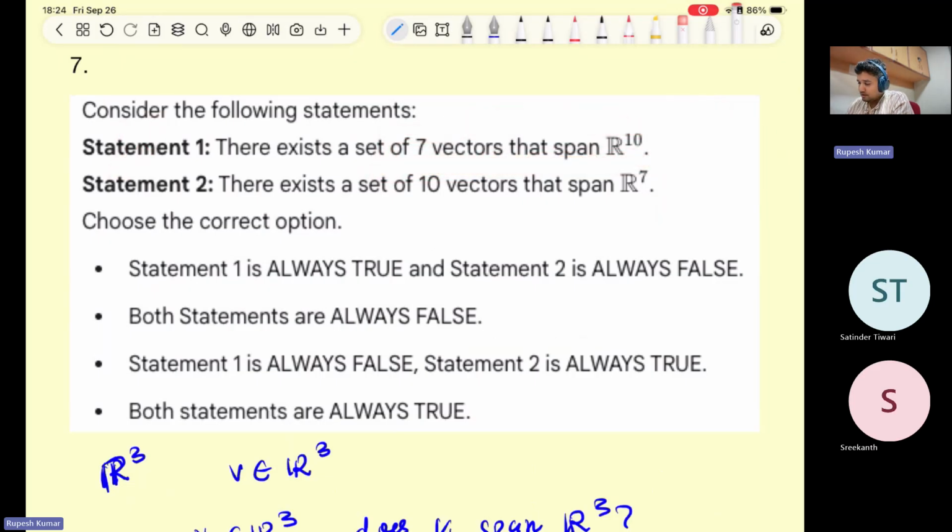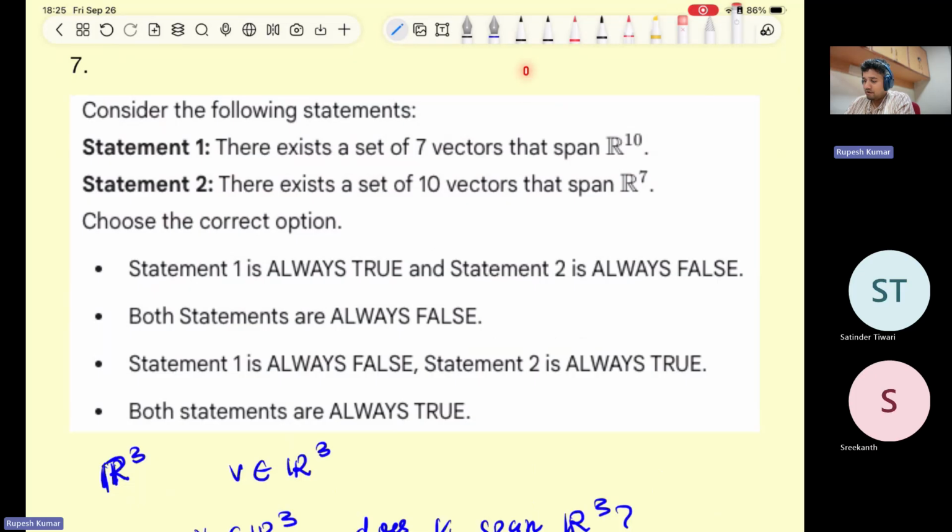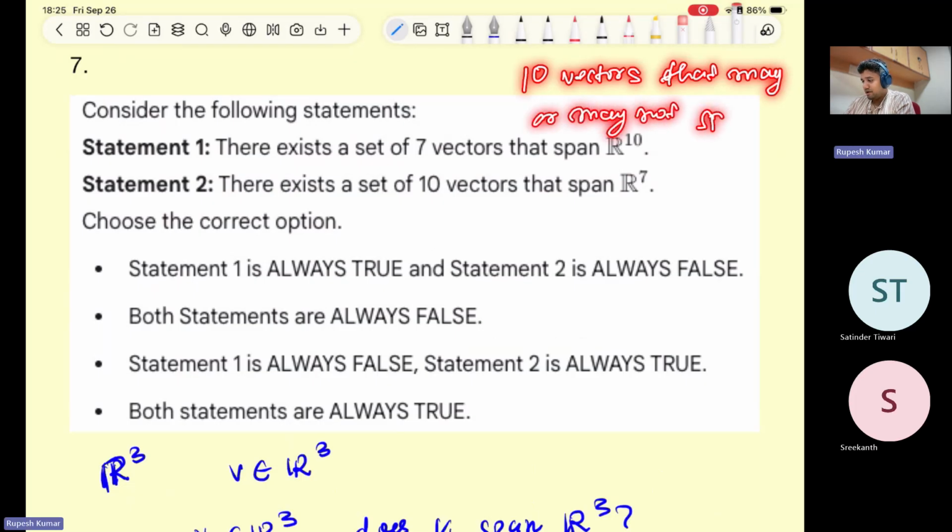Statement one is wrong. Statement two says there exists a set of 10 vectors that span R7. Now you have 10 vectors, which may or may not span R7. But it says there exists at least one set. Yes, that's true.